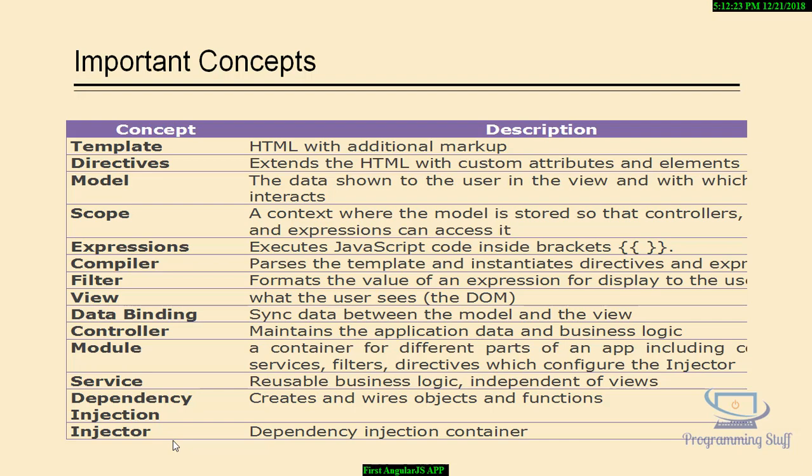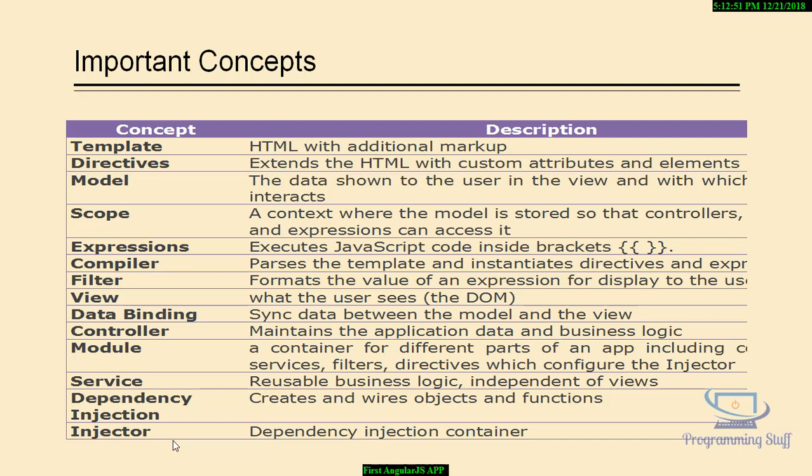Filter: formats the value of an expression for display to the user. You can filter the data, names or some objects in the view that the user can see. Data binding: syncs data between the model and the view. Controller: maintains the application data and business logic.